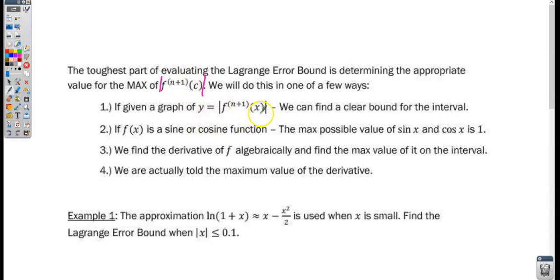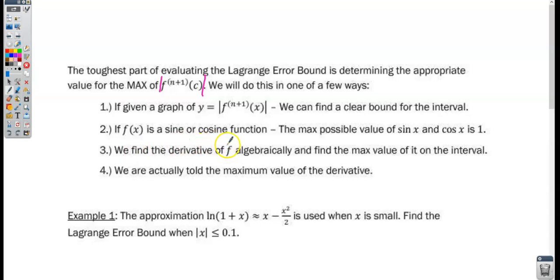If we have a graph, we'll be able to look at the graph and find a clear bound for the interval. We may not be able to find exactly the precise one, but we can always take a larger value on the graph and use that as our boundary. If our function is a sine or a cosine function, the largest possible value of any of the derivatives is going to be whatever constant might be there, but the maximum value of sine and cosine is 1, and we can use that to our advantage to bound anything where the n plus first derivative is a sine or a cosine.